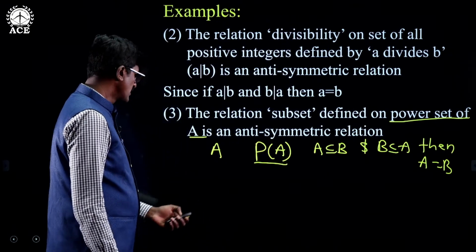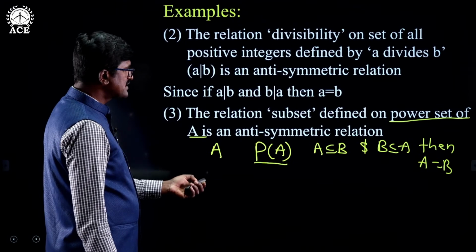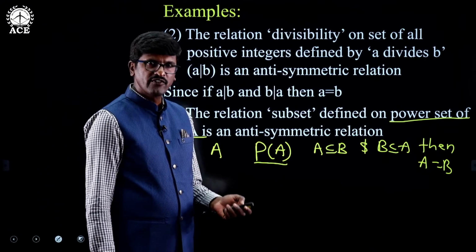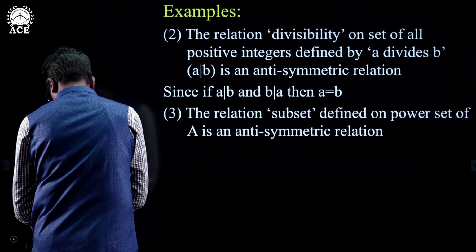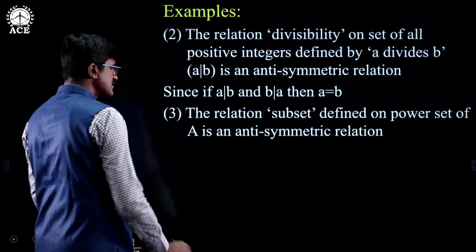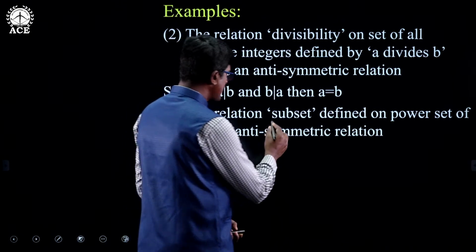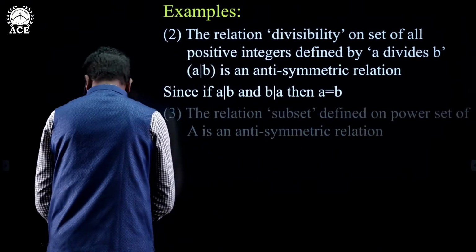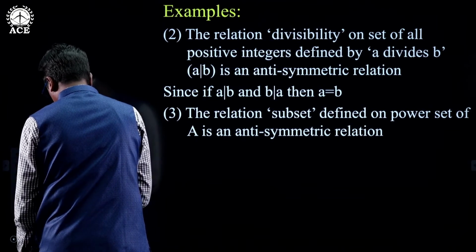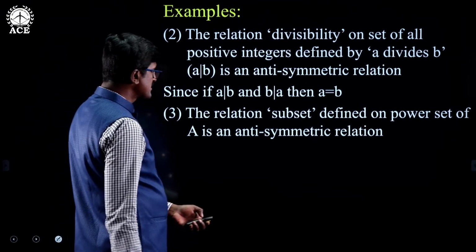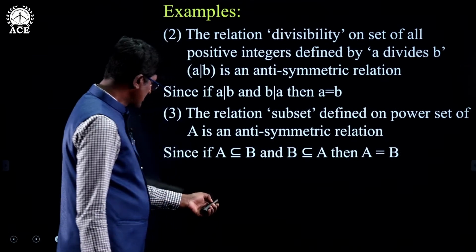Therefore, the subset relation defined on the power set of A satisfies the antisymmetric property. This is the reason why it is an antisymmetric relation.